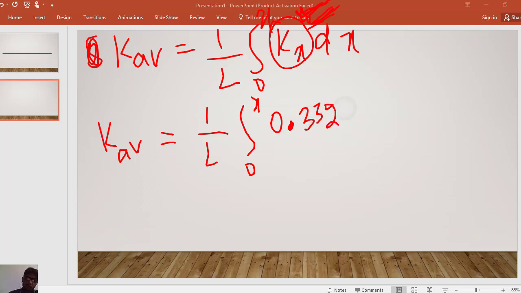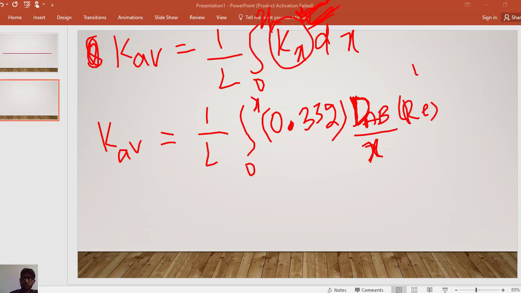So KAV is 1 divided by L, integral from 0 to x of 0.332 times the diffusivity divided by x, times the Reynolds number to the power 1/2 and the Schmidt number to the power 1/3, dx.